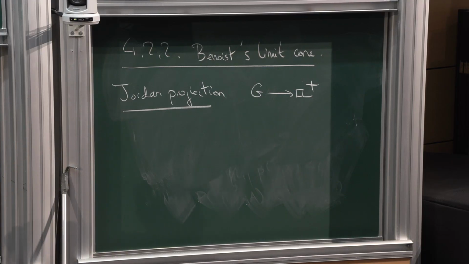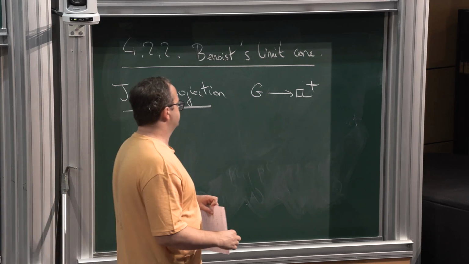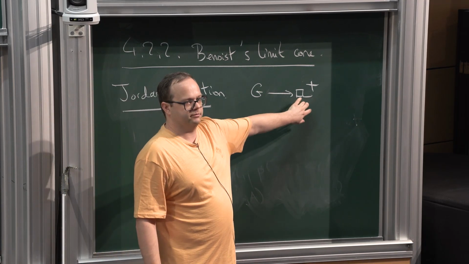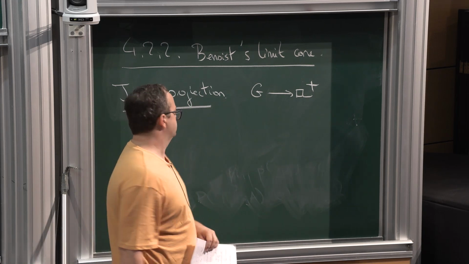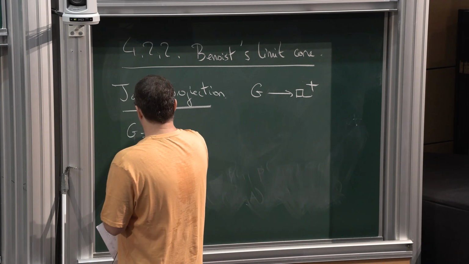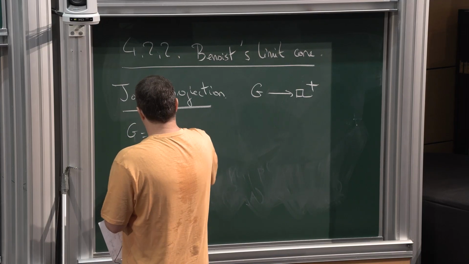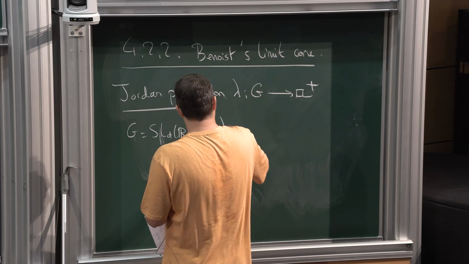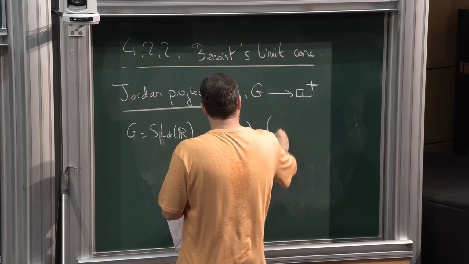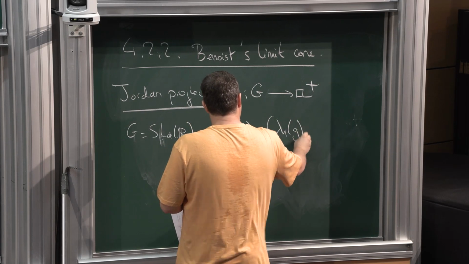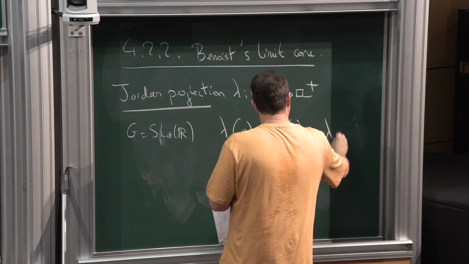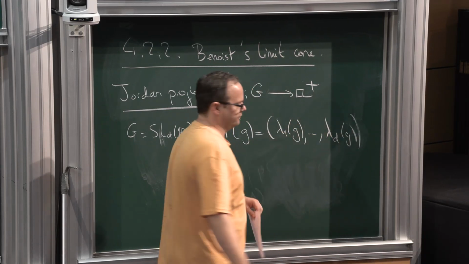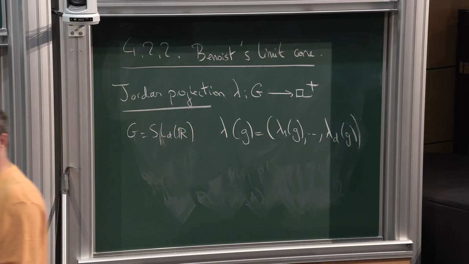You do the Jordan decomposition of g, write it as commuting hyperbolic, elliptic, and unipotent elements, and take the hyperbolic one, which will be conjugate to something in A plus, and that will be the Jordan projection. But if you take G as SL_d(R), then we'll call it lambda. Lambda of g is just the decreasing list of logs of moduli of eigenvalues.